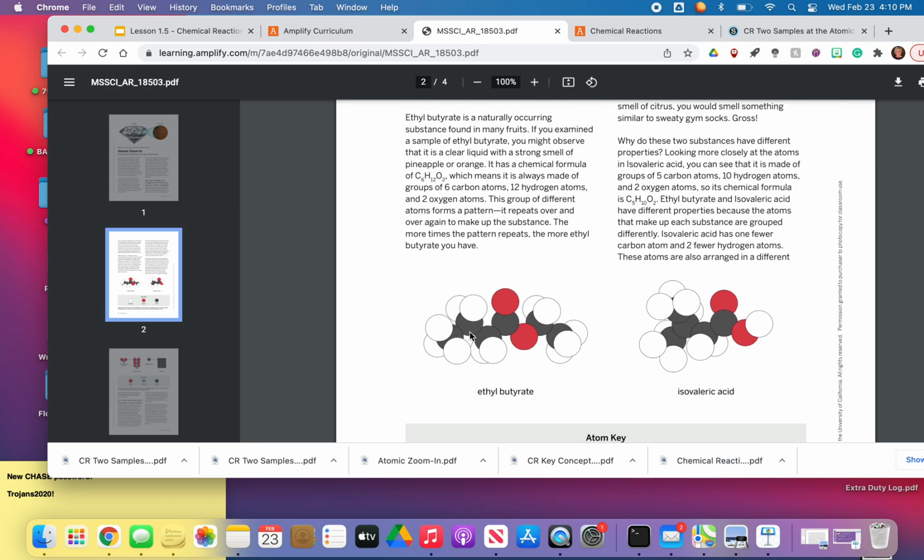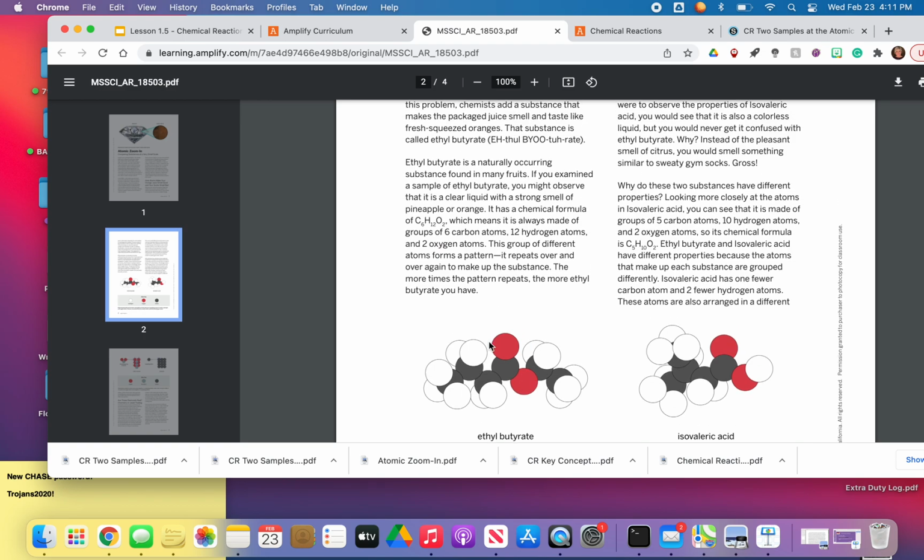So the number of atoms makes a difference, and the way those atoms are arranged makes a difference. That's what makes this uniquely ethyl butyrate. It can't be anything else because of the way that it's organized.